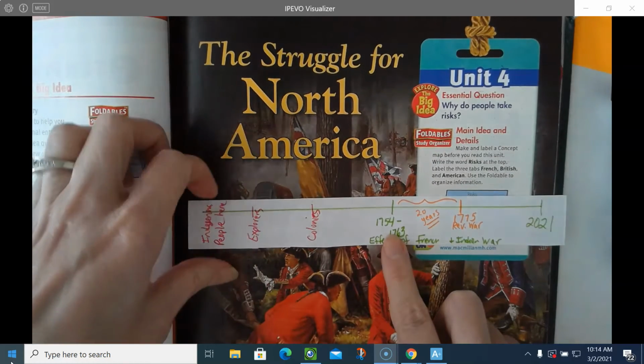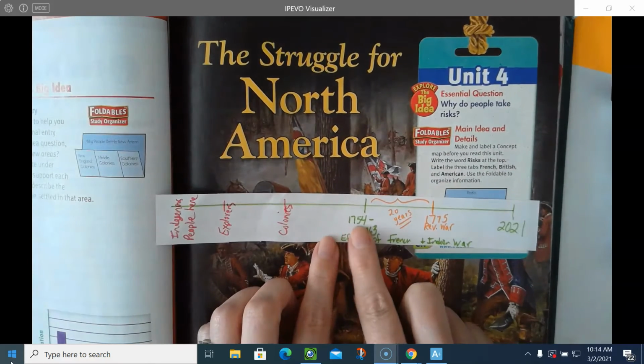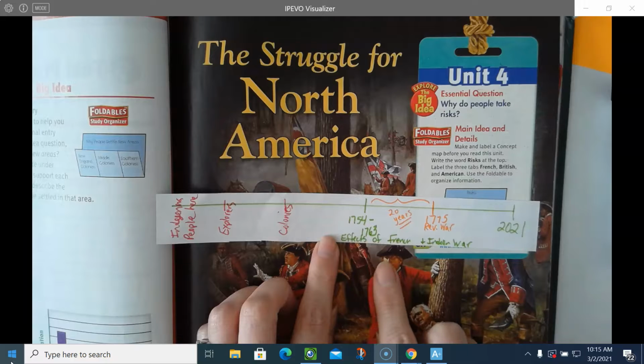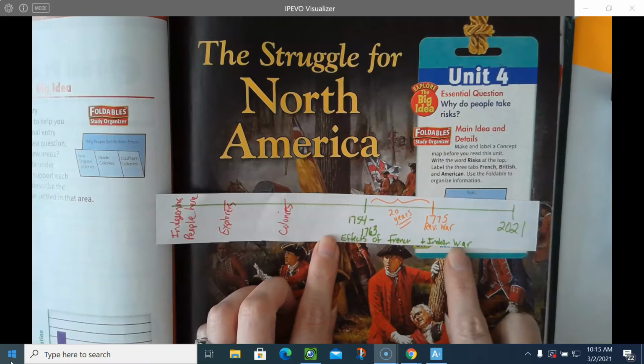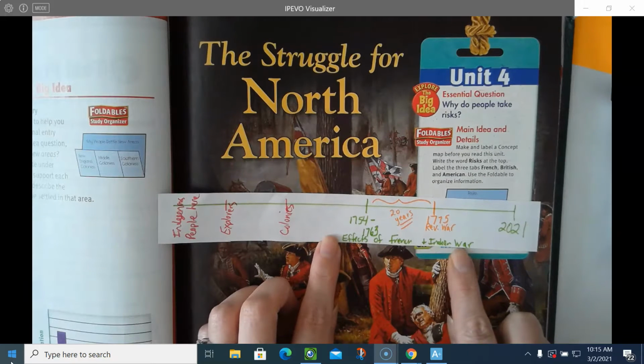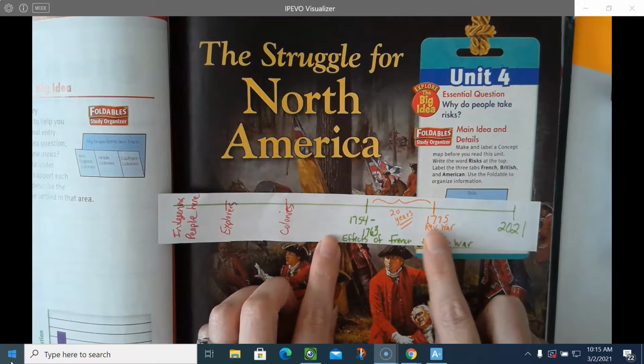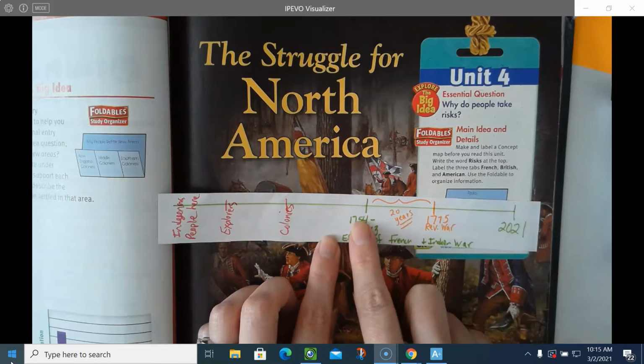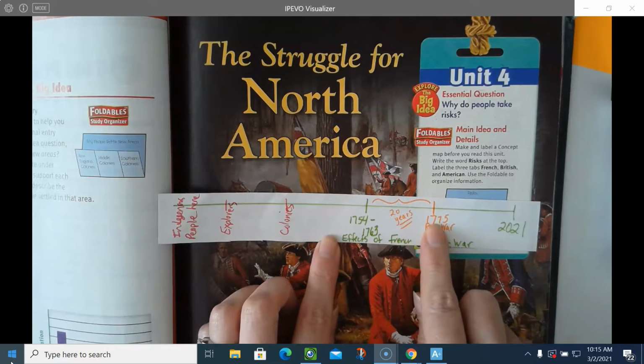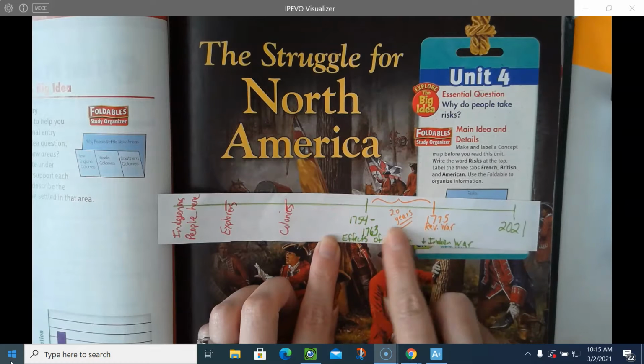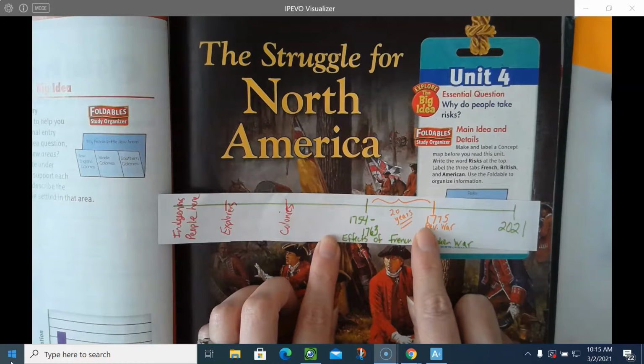Now we're going to be moving into the years of 1754 to 1763 for the first part of our lessons together. And then the Revolutionary War will begin in 1775. So to start out with, the first couple of lessons are really going to talk about this 20-year span of events that led up to the Revolutionary War.